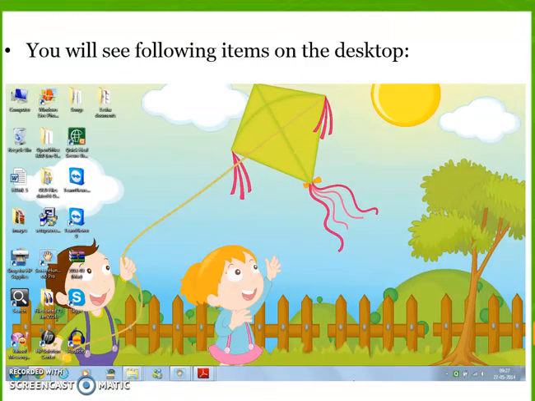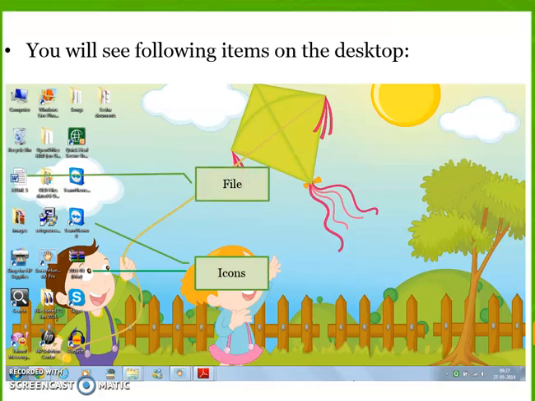On the desktop, there are small icons which you have seen, like My Computer, Recycle Bin, TeamViewer and many other icons. These small pictures are called icons. These icons have some information about some programs. This one is like a Word file, so these types of icons are called files.